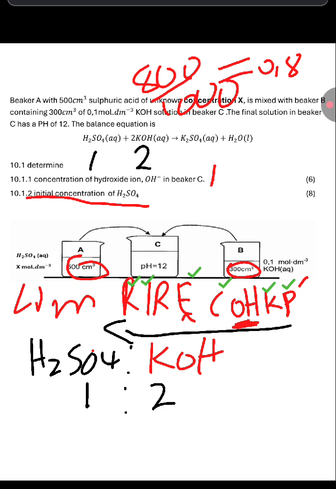Now, the number of moles that reacted for KOH is 0.022. The reacted number of moles. Now we want the number of moles of sulfuric acid, so you're going to cross multiply.